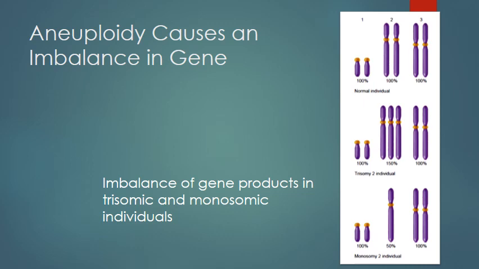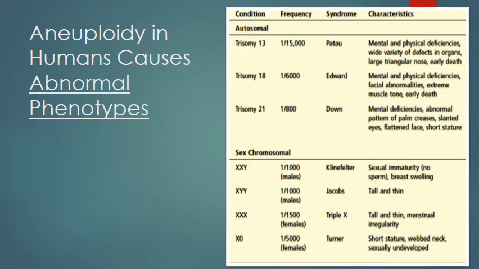So aneuploidy in humans causes abnormal phenotype. A key reason why geneticists are so interested in aneuploidy is its relationship to certain disorders in humans.